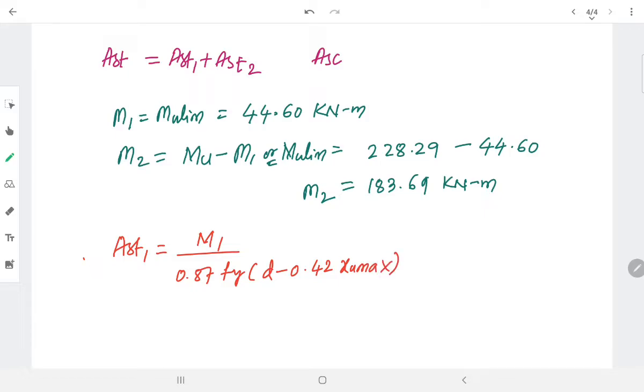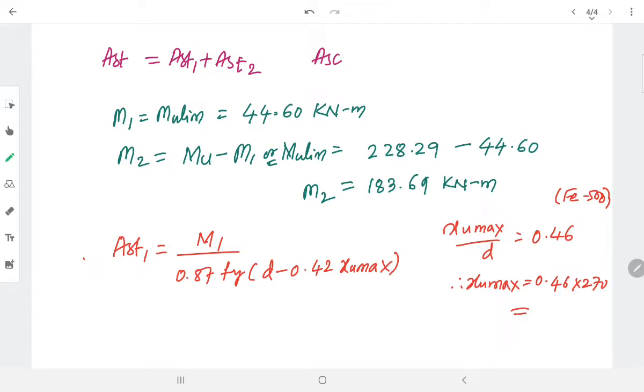Here XU max by D is equal to 0.46, because we are using Fe 500 steel in the problem. For Fe 500, as per Codal provisions, XU max by D is equal to 0.46. Now XU max is equal to 0.46 into 270, which gives 124.2 mm.